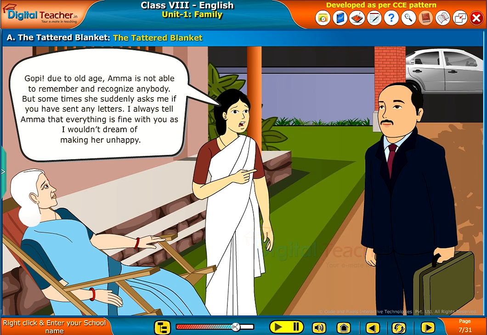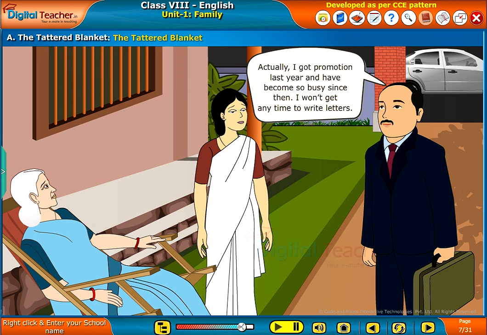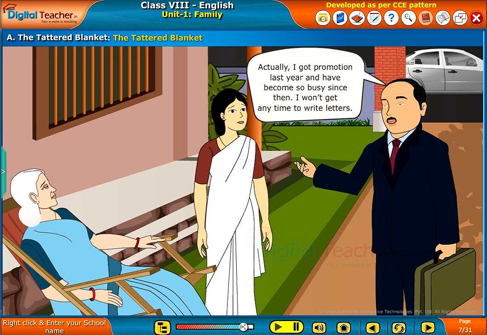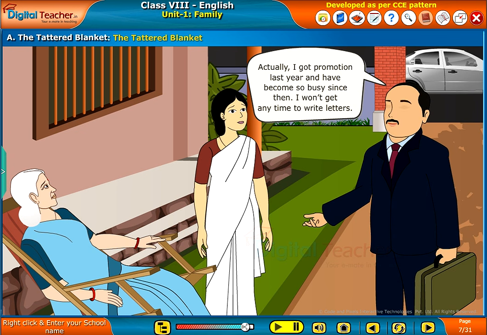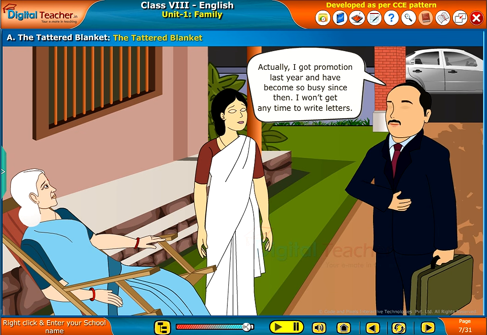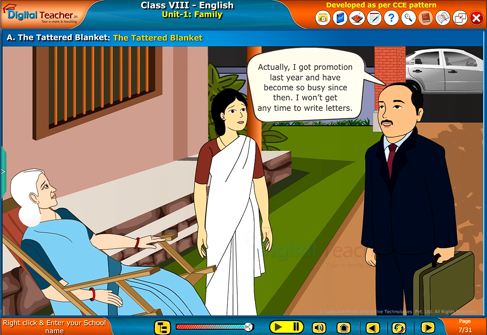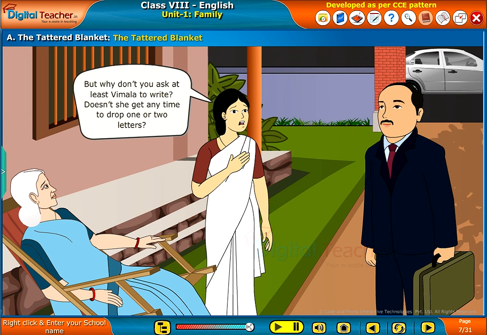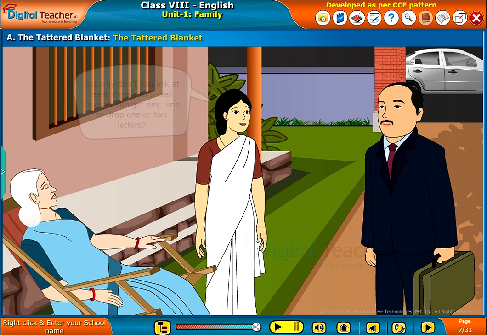I always tell Amma that everything is fine with you, as I wouldn't dream of making her unhappy. Actually, I got promotion last year and have become so busy since then. I won't get any time to write letters. But why don't you ask at least Vimla to write? Doesn't she get any time to drop one or two letters?